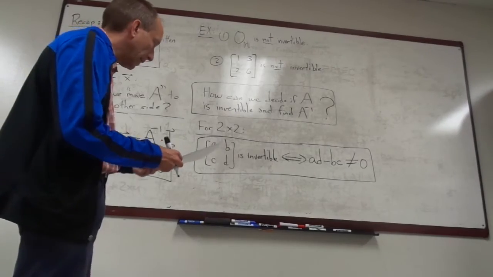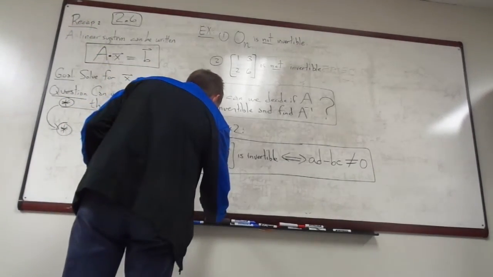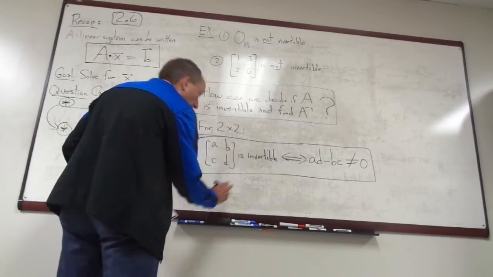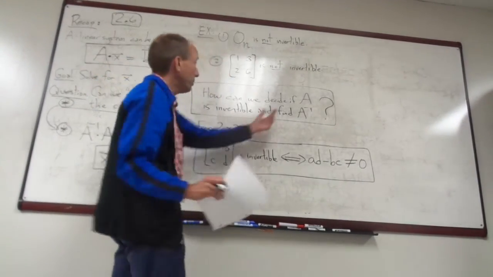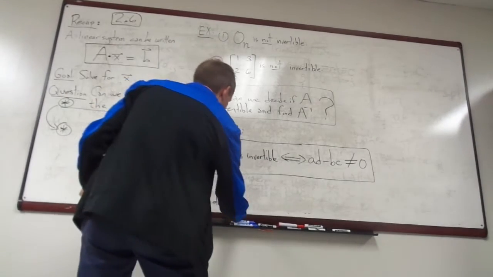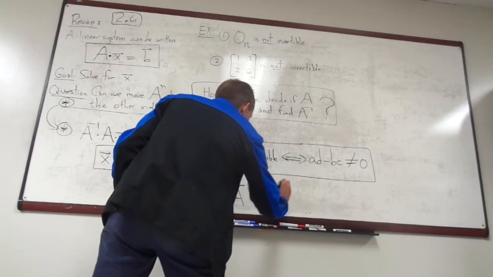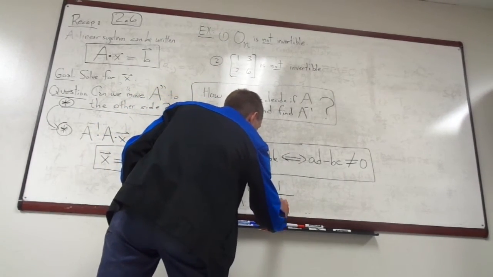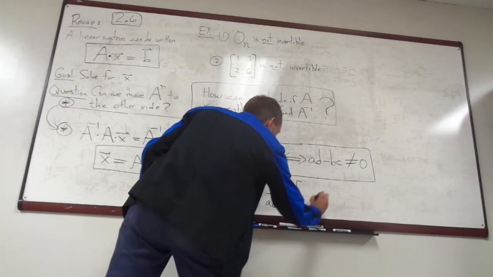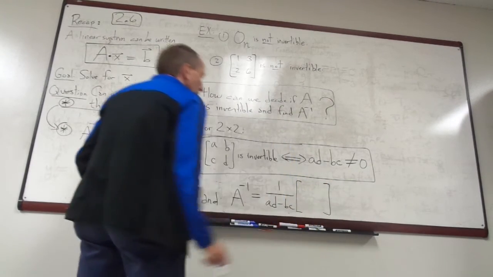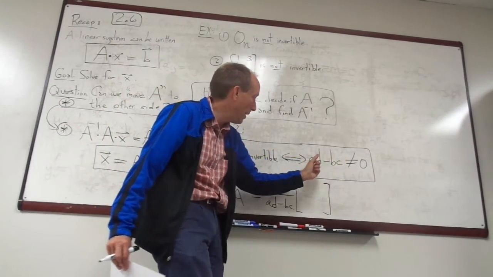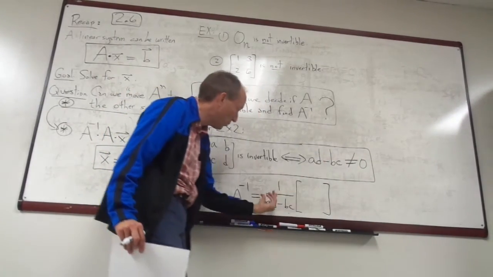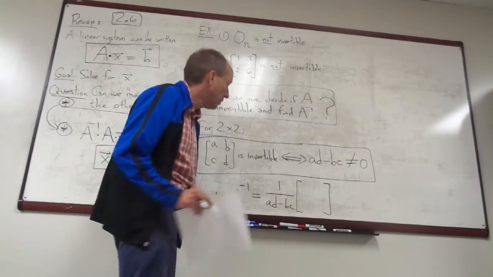It's easy to calculate, and even better than that is that if ad minus bc is not 0, we can actually write down the formula for A inverse immediately. Here it is. It's basically 1 over ad minus bc times, so there you see why you need it to be non-zero. ad minus bc has to be non-zero so that I can form this fraction.